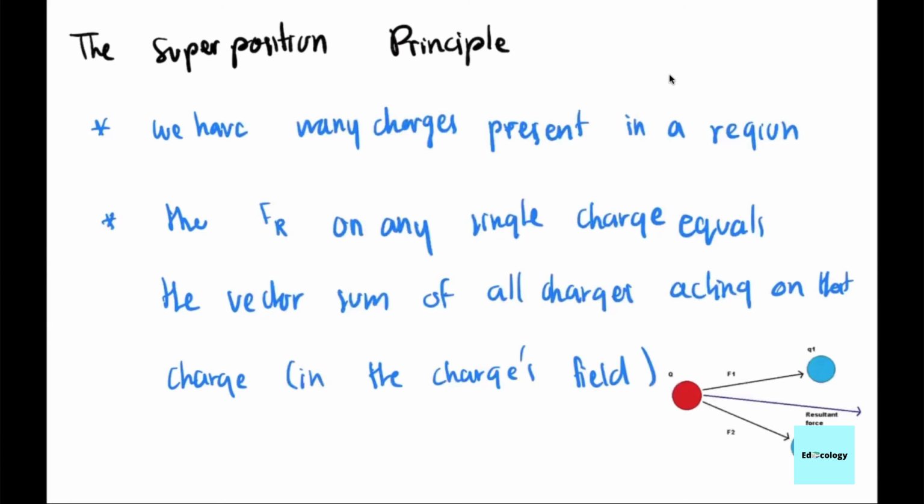We know that force is made from the interaction between two charges, but we never have just two charges in a place. There are multiple different charges, and in order to find the resultant force, you have to add the vectors of all the charges acting on that charge.